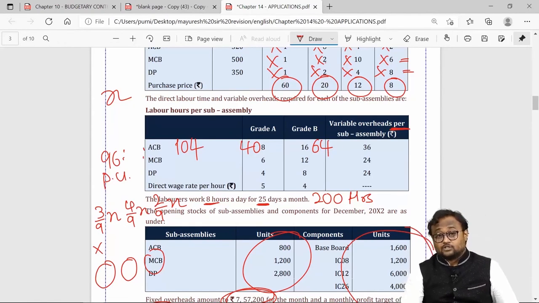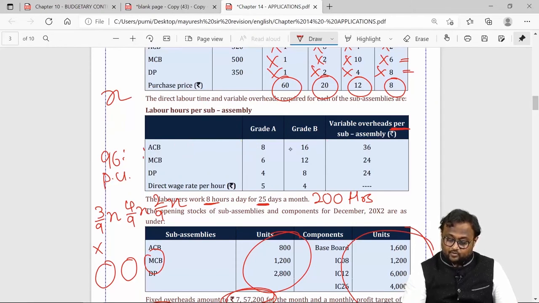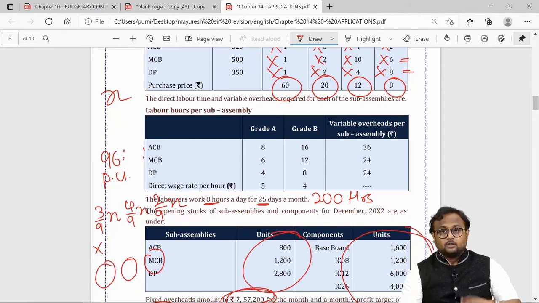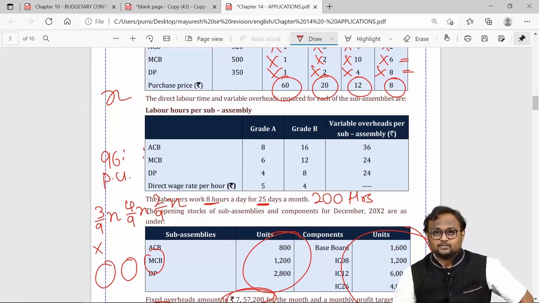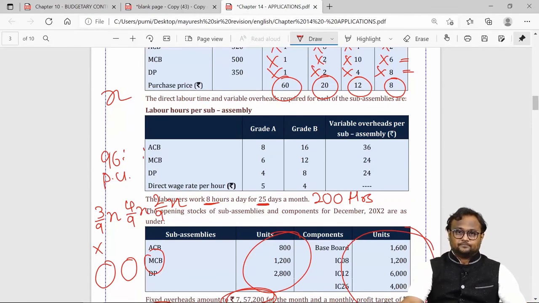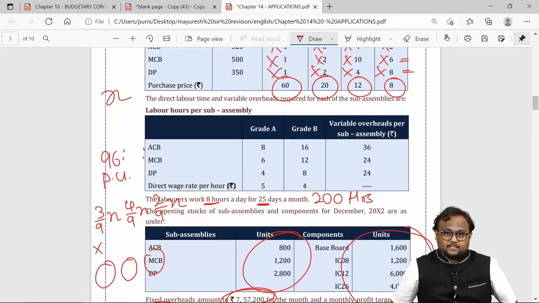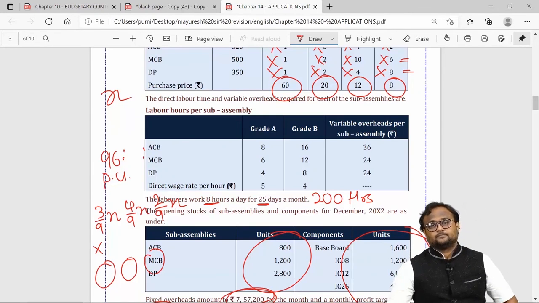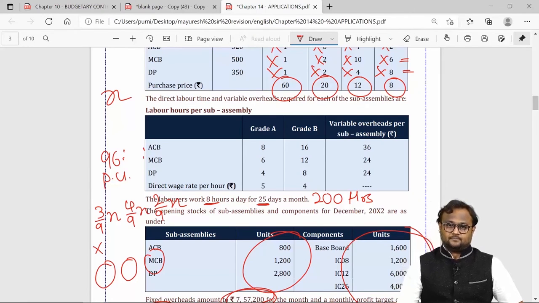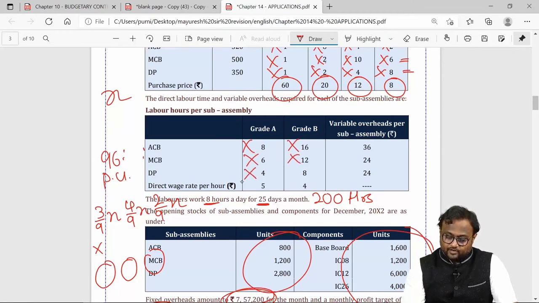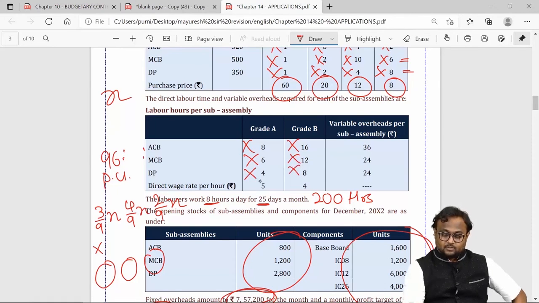For labor, yes, there was a separate calculation required. You first are supposed to calculate the number of hours required on the basis of production. Since you have 2 grades of labor, there will be 2 columns. Quantity to be manufactured of ACB into hours per unit, quantity of MCB into hours per unit, quantity to be produced of DP into hours per unit will give you total hours.